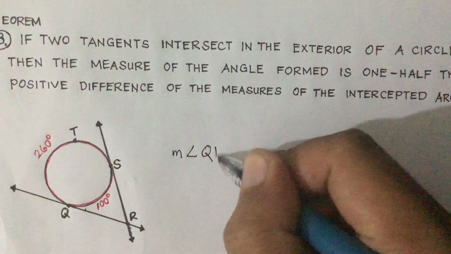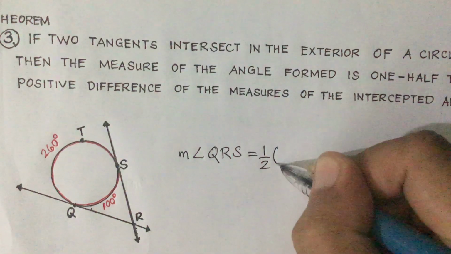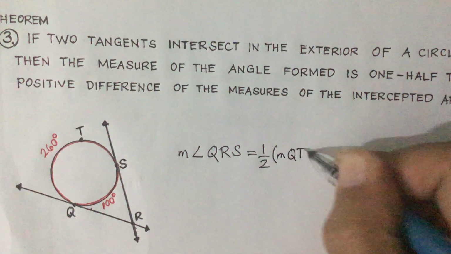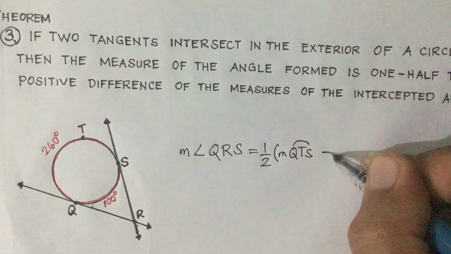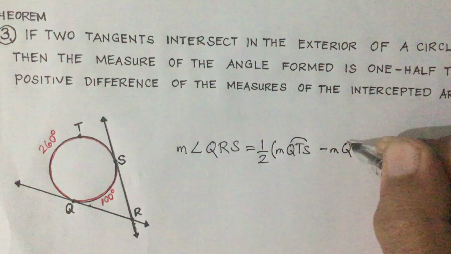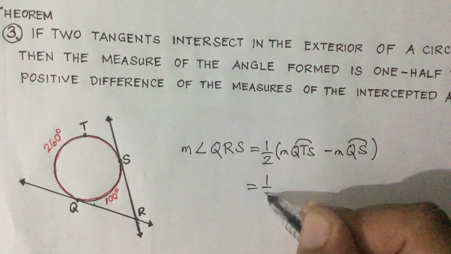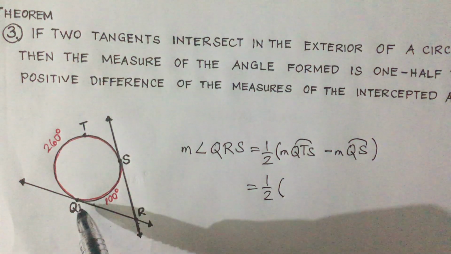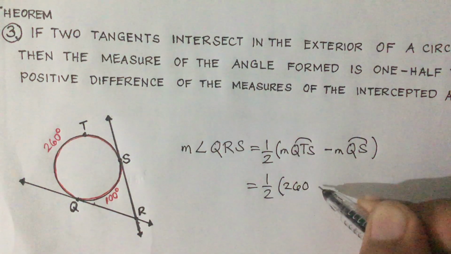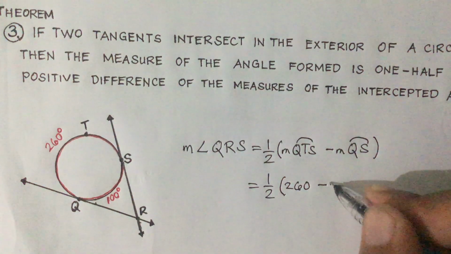So we have QRS is equal to 1/2 the measure of the bigger arc. We have QTS. We have measure of arc QTS minus the measure of arc QS. So this one, RQS, is equal to 1/2 the measure of the arc QTS. We have QTS equals 260 degrees minus the measure of the smaller arc, RQS, which is 100 degrees.